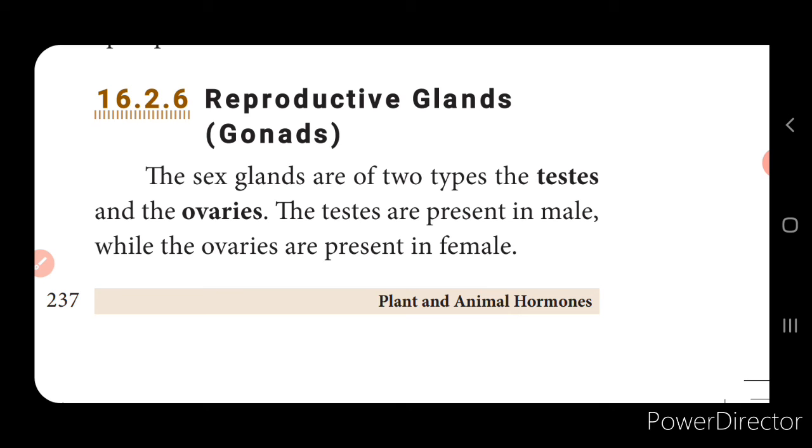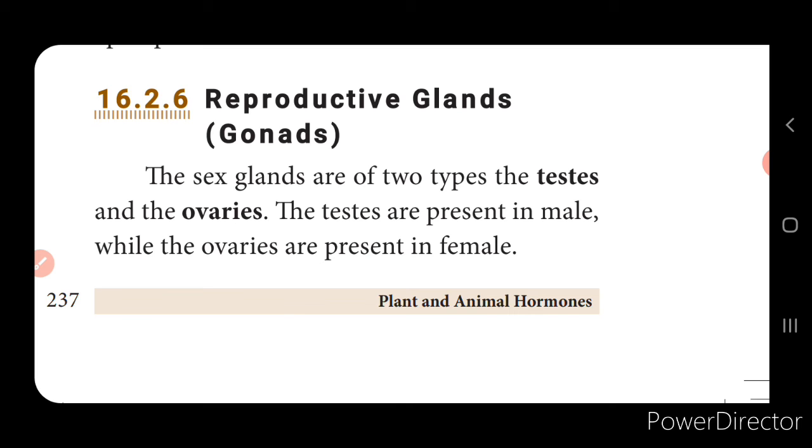The functions of testosterone: it influences the production of sperm, it stimulates protein synthesis, and it is also responsible for the development of secondary characters, that is the growth of hair on the body and face, and the change in the voice when you attain puberty.